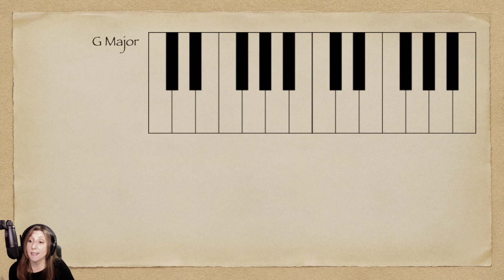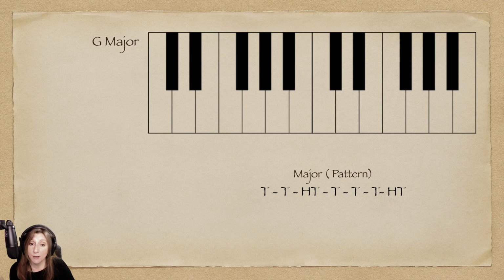I will show you an example with G major. Counting from G, we have G to A, we have a tone. A to B, we have another tone. B to C, we have a half step or half tone. So we are fine, we are following the pattern. Then from C to D, we have another tone, we are okay. From D to E, we have a tone, we're fine.